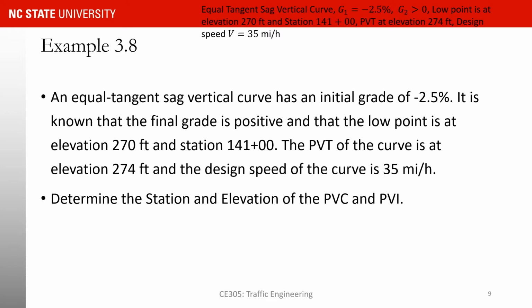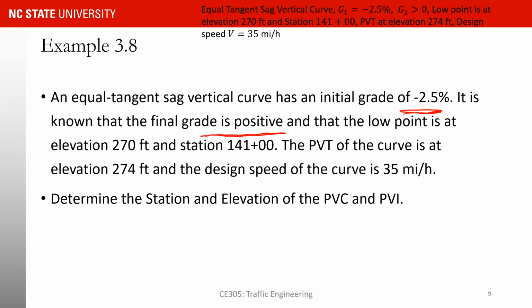So here is the example. We have an equal tangent sag vertical curve. It has an initial grade of negative 2.5. It is known that the final grade is positive. So we know that it's positive, but we don't know exactly what the value of the slope is.